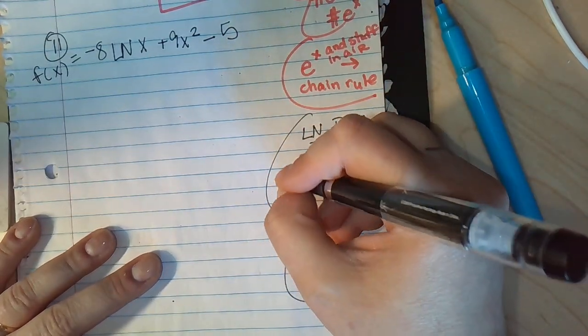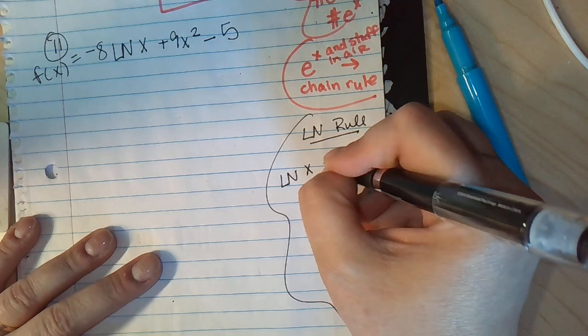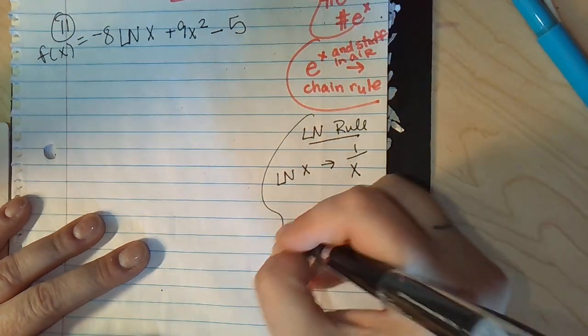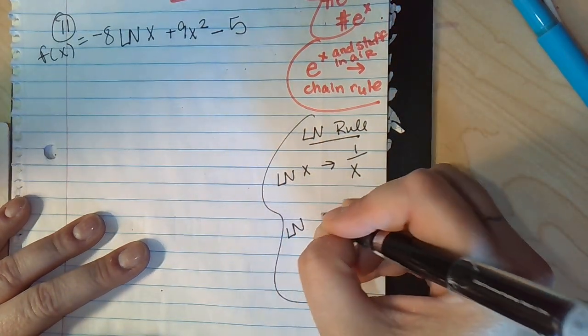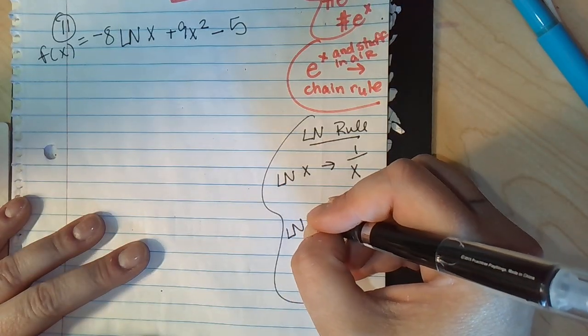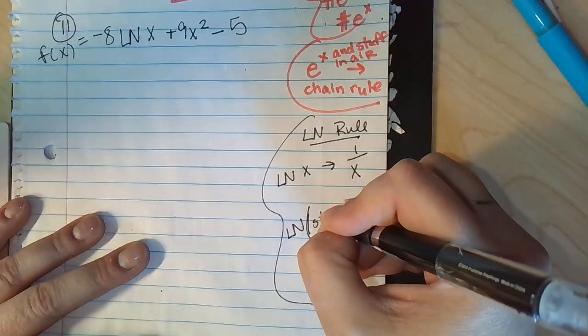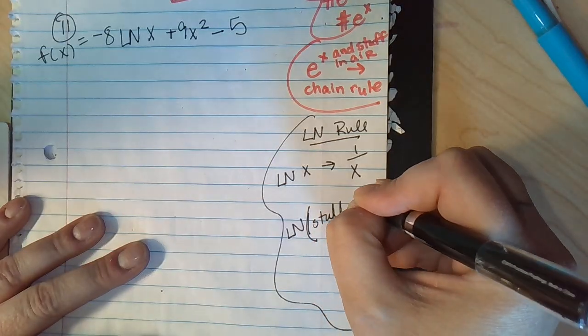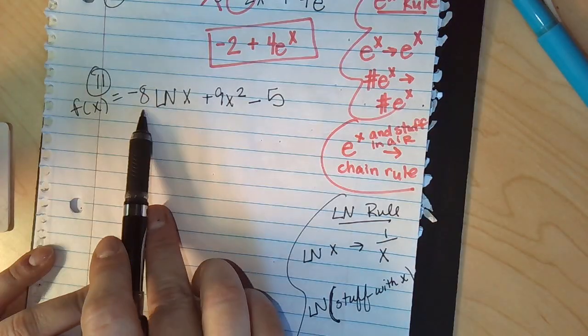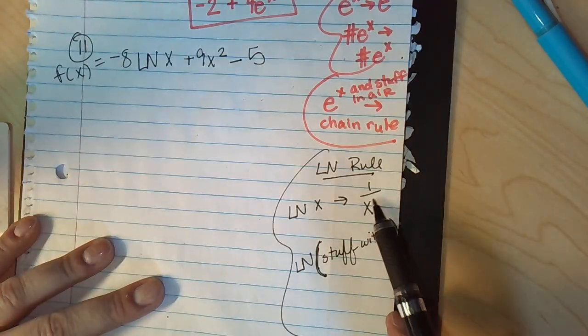The ln rule is if you have ln of x, it becomes 1 over x. If you have ln of just x, we use this first rule.